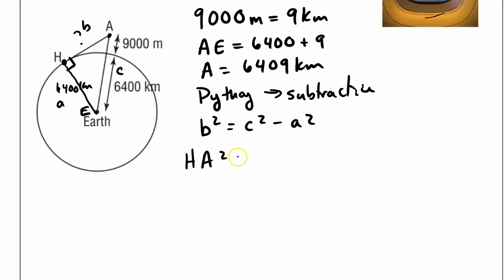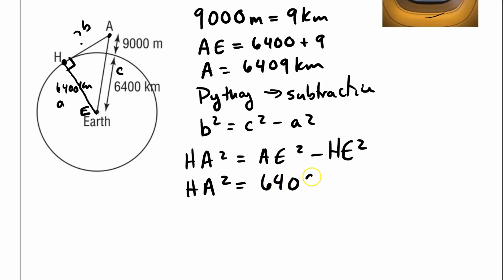HA squared equals AE squared minus HE squared. All I'm saying is if I want to solve for this length here, I have to take the hypotenuse, which is going to be my AE, it's the longest one, minus HE. So AH squared, I'm going to substitute the numbers in, is going to be 6,409 squared minus 6,400 squared.